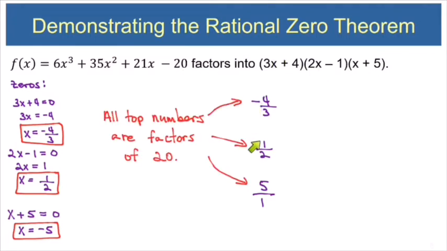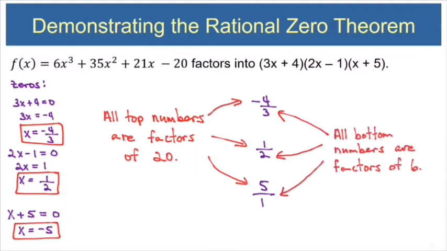So the top number of every zero has to be a factor of the constant term in the polynomial. And then the bottom numbers that you see here, the 3, the 2, and the 1, are all there because they were coefficients of the x term in each factor, and they're coefficients of the x terms because they're all factors of 6. So the bottom numbers are always going to have to be factors of the leading term.